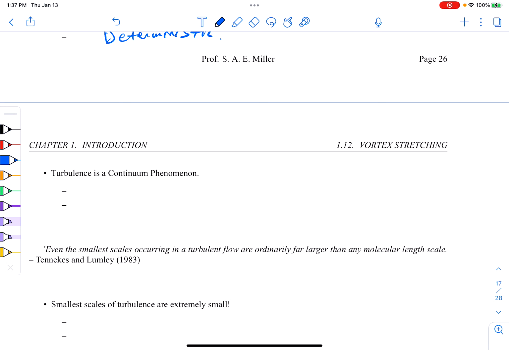There's no chance for true shocks to form, because shocks are actually continuous. They're not really discontinuous, like if it's an inviscid flow. And so for turbulent structures and for turbulence to form, it has to be a continuum phenomenon. And so that means the Knudsen number, Kn, which I talk about in my compressible flow class, has to be non-rarefied.